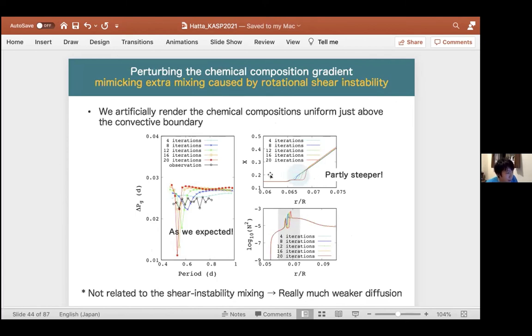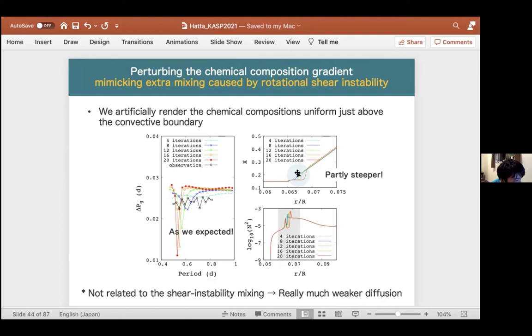Here I show you the hydrogen abundance profile. From blue to red, we gradually broaden the region mixed by rotationally induced mixing. As we expected, the chemical composition has become partly steeper, although the mixed region is uniform.